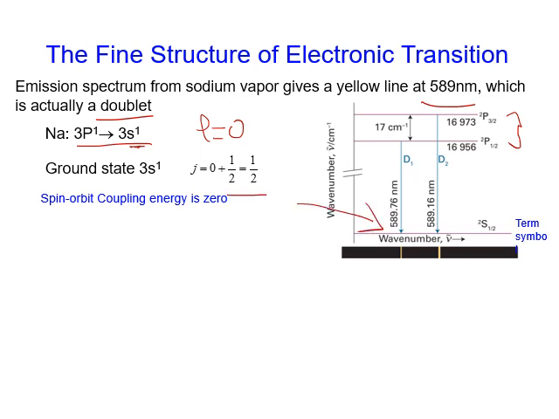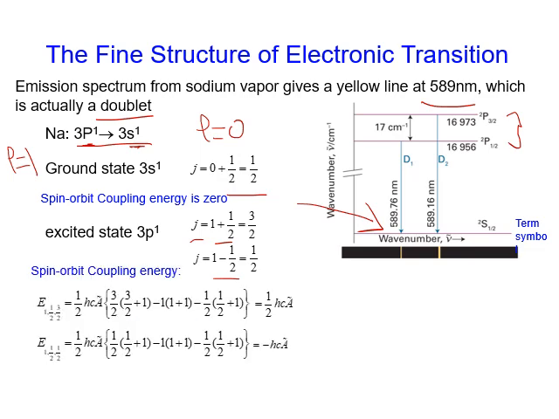That's the ground state. Now in the excited state, the electron is in the p orbital, so the orbital angular momentum quantum number is 1. And the electron spin can be in the same orientation or opposite orientation. So you have two energy states. J can be 1 plus half or 1 minus half.